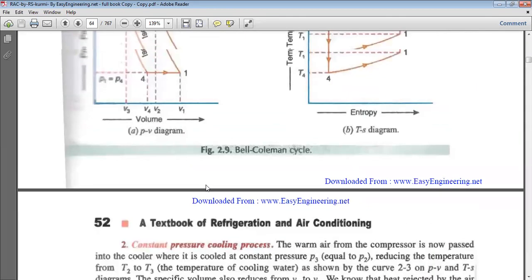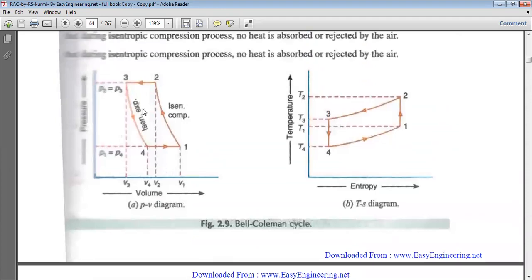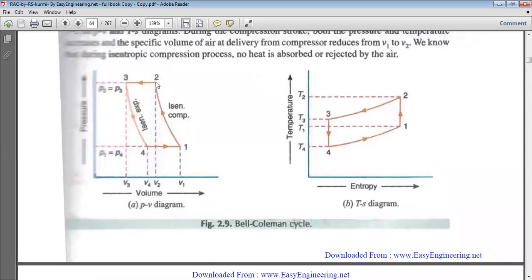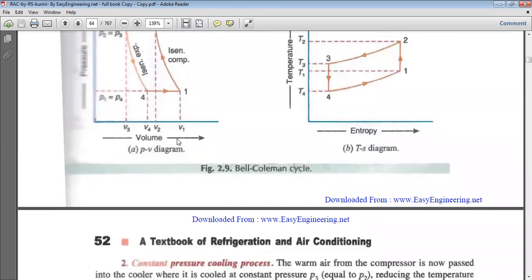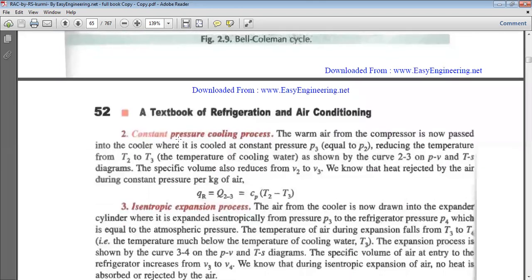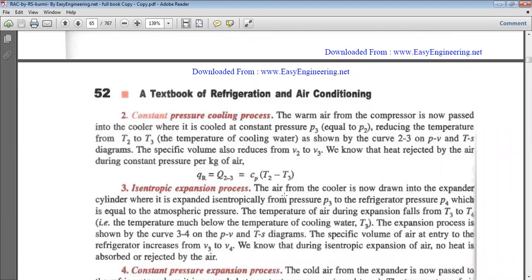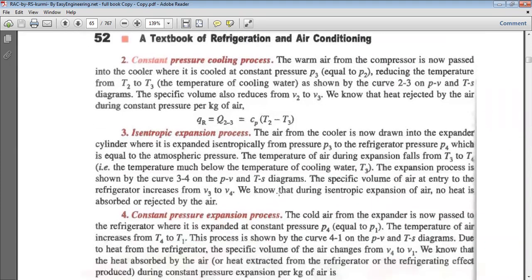Q23 or QR is the heat rejected by the compressed air at constant pressure in the cooler. The equation for a constant pressure process is m Cp delta T. I take m equal to 1, therefore Cp into (T2 minus T3), the temperature drop.